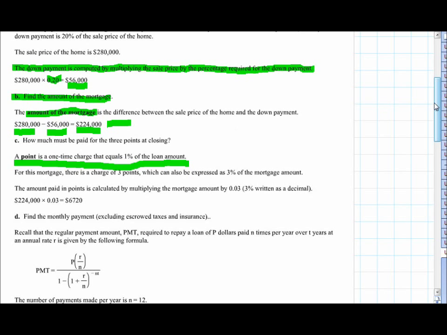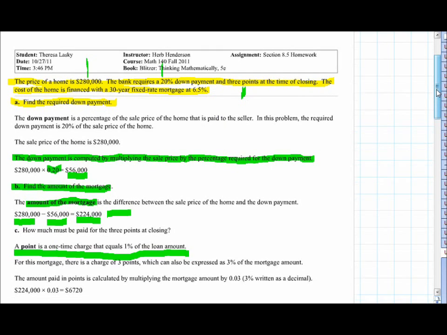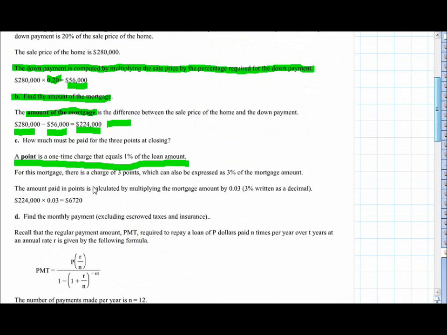So let's go back here, and how many points are they talking about? Well, if you remember, there's 3 points here. If you don't remember, there it is, 3 points. And they say it right here also, which means it's 3% of the mortgage amount.